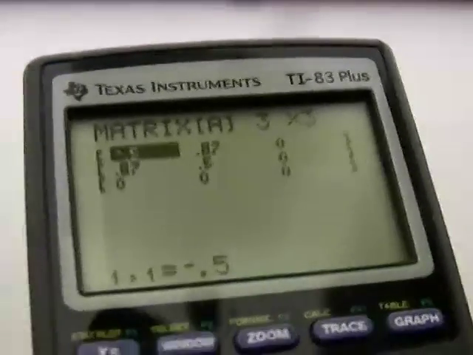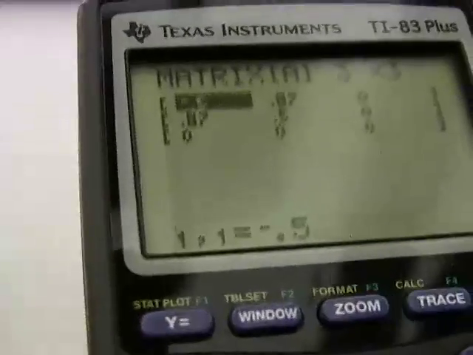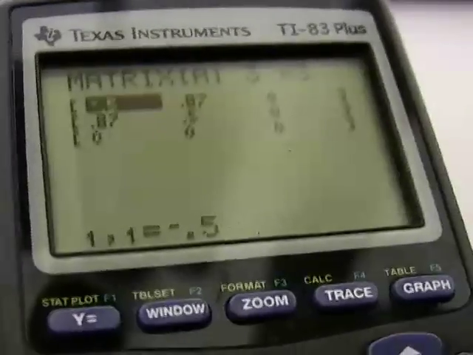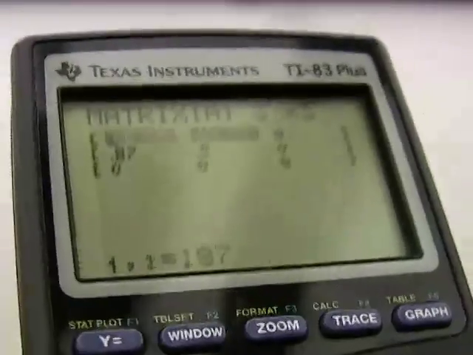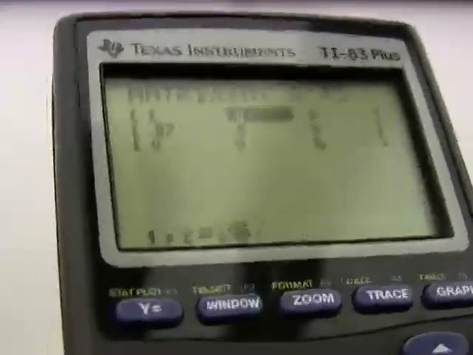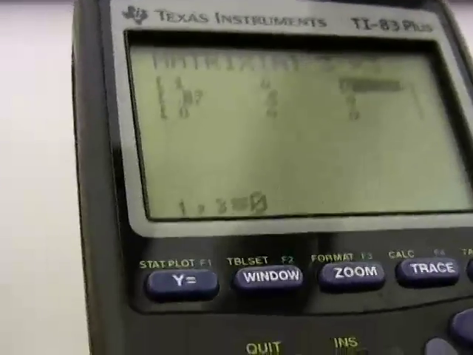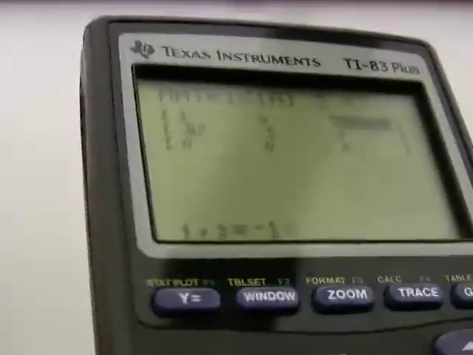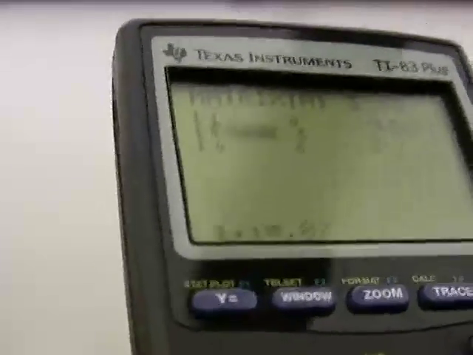What are the coefficients on the left side? Now look at your equation. That will be 1, enter, 0, enter, negative 1.5, enter.